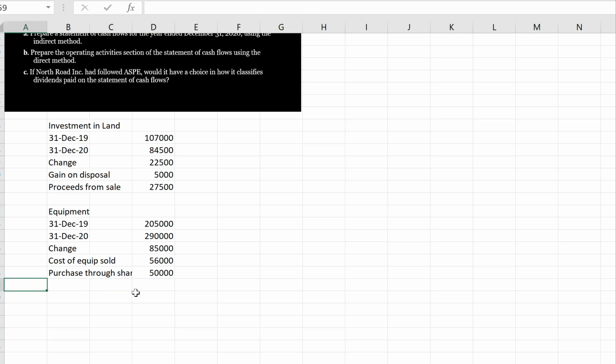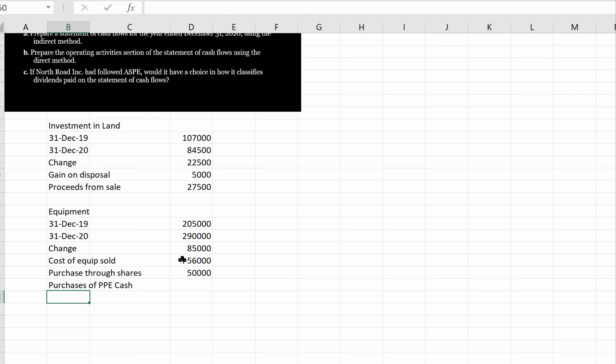So then what is our purchases of PP&E? Cash. Remember, we only want the cash purchases, not this amount from the purchase through shares. So we're actually going to take that off of our reconciliation because it's not cash. And the equipment sold gave us cash. So we've got the change in this account plus the cost of the equipment sold.